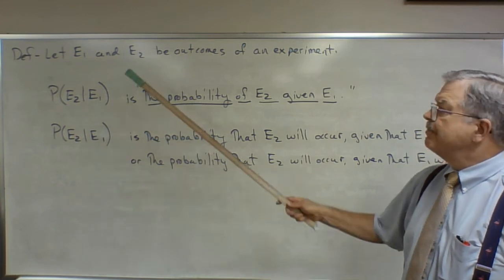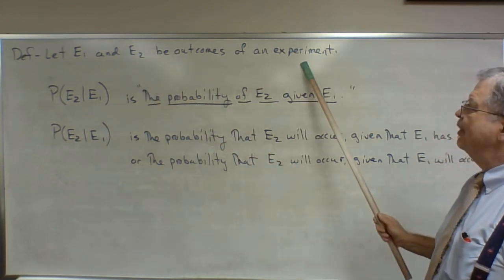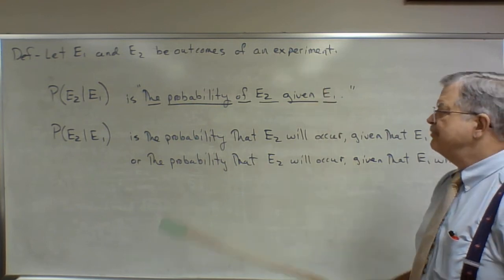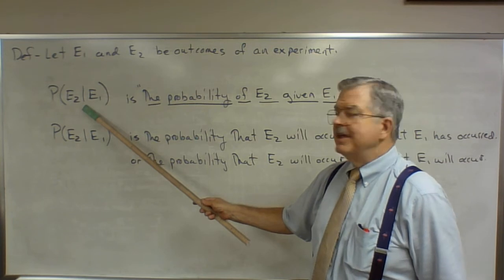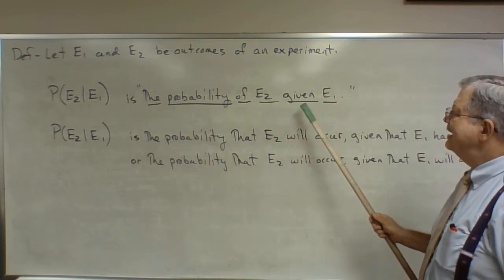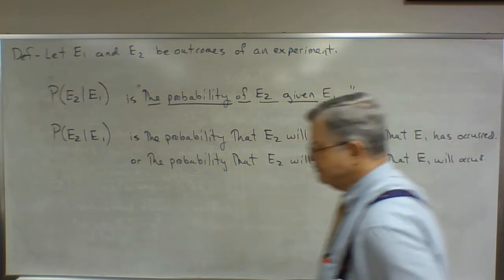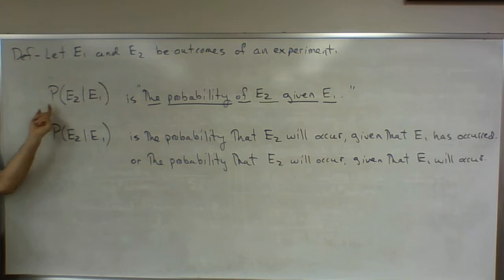Let E1 and E2 be outcomes or events of an experiment. This notation represents the probability of E2 given E1. When we see this, we think the probability of E2 given E1.